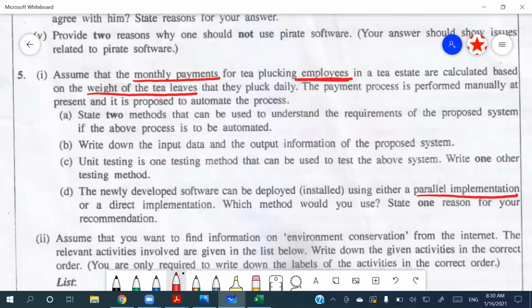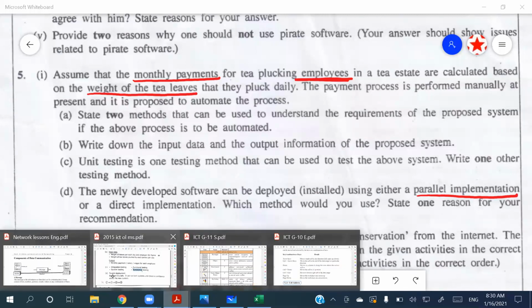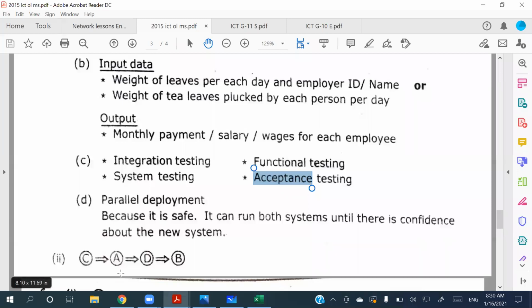But with the parallel implementation, if we run into some problematic point, we still have our old system with us. So parallel deployment, because it is safe. It can run both systems until there is confidence about the new system.